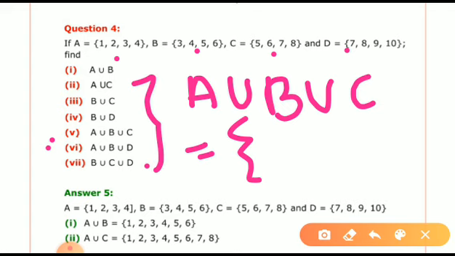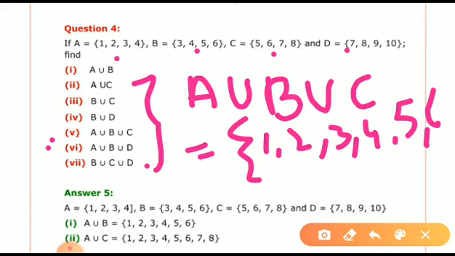Again 3, 4 will not be repeated because already we have written. 4 already is there. So 5, 6. Then C contains 5, 6, 7, 8. But 5, 6 already I have written. So it will be 7, 8. So A union B union C, you will get the set containing 1 to 8 elements.